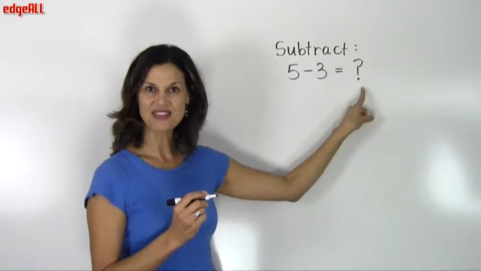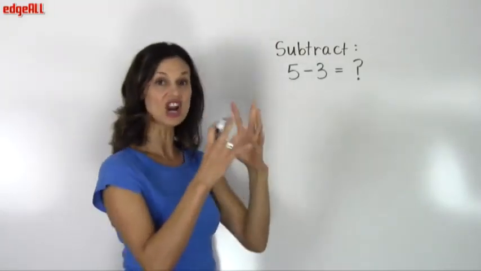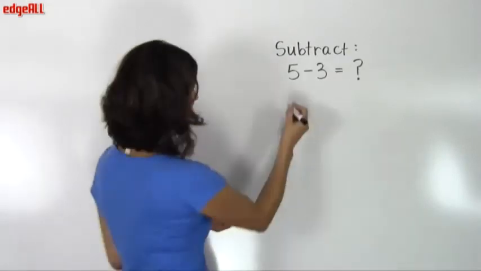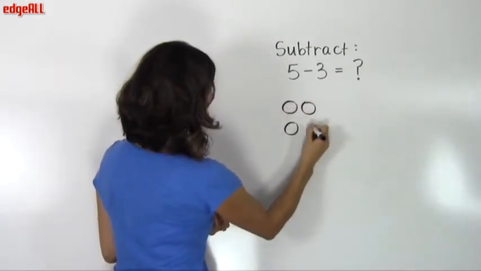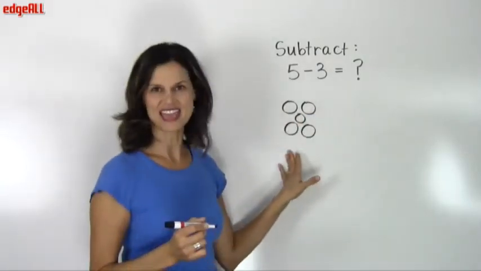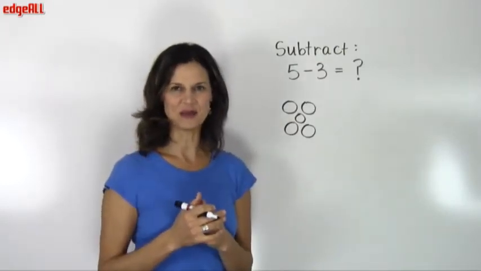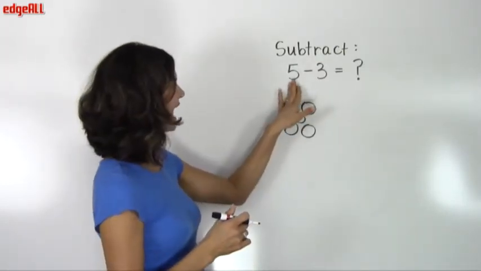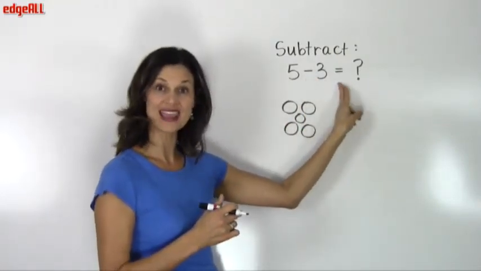So let's see what the answer to this problem is. First, we know that we're starting out with 5 items. So I'm just going to draw 5 circles here to show that we're starting out with 5 things. We can think of them as 5 basketballs, for example. So we have 5 and we need to take away or subtract 3.